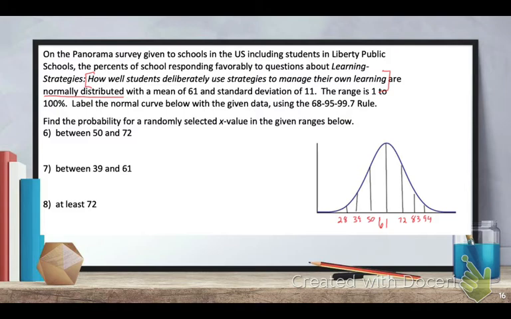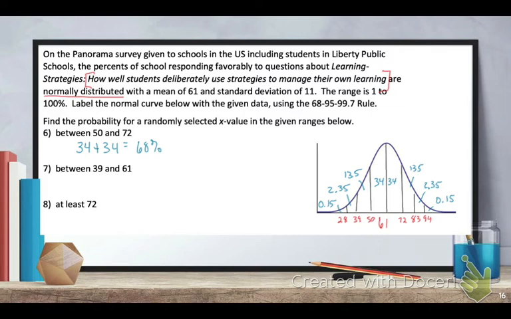So we want to find the probability for 6, 7, and 8 so that there is a percent that falls between 50 and 72. So let's label the percentage on a normal curve, and then we'll add up the percents between 50 and 72, which is just 1 standard deviation above and below the mean, which would be a 68% chance.